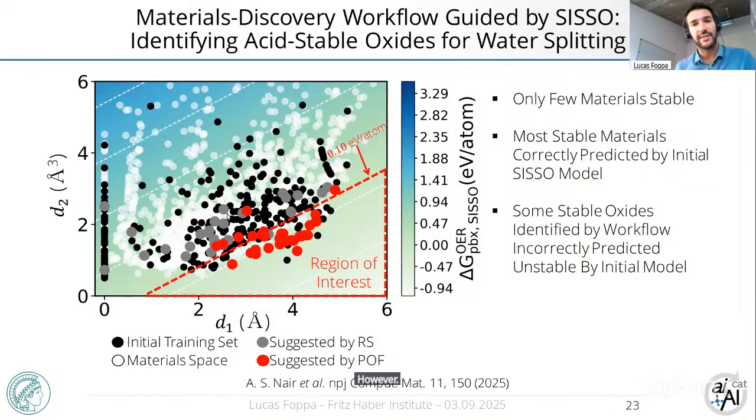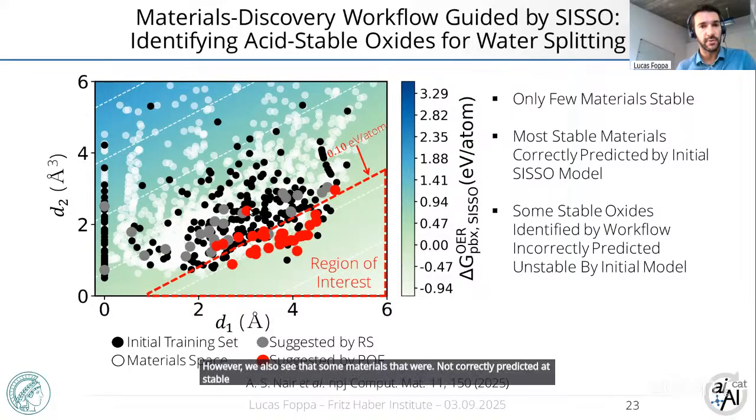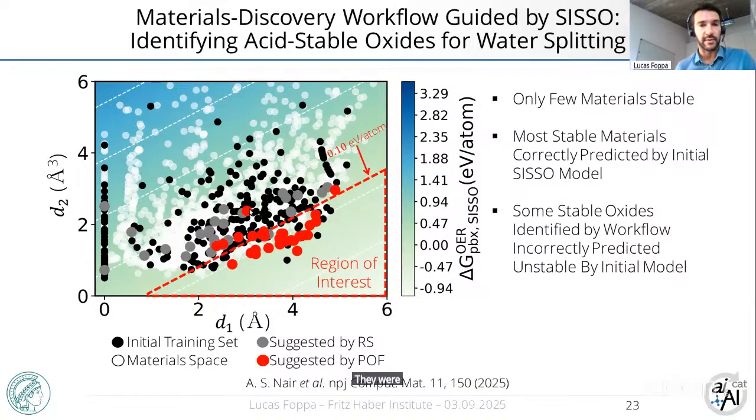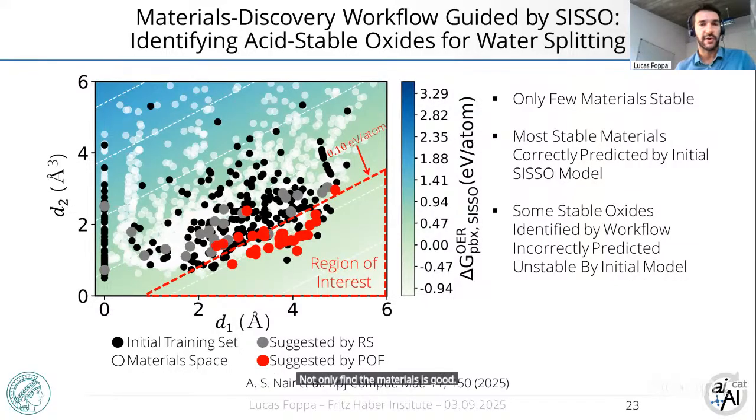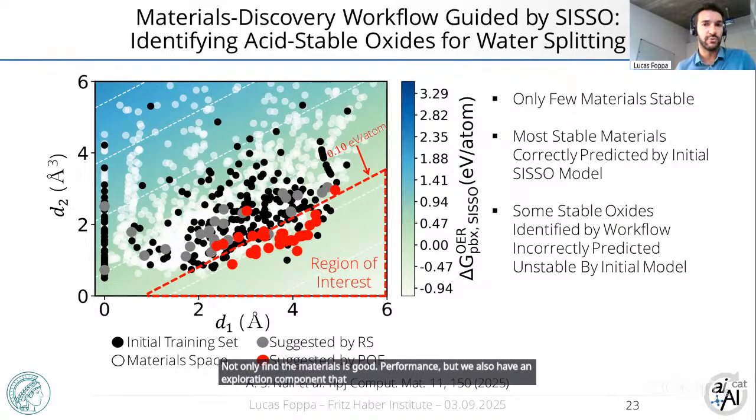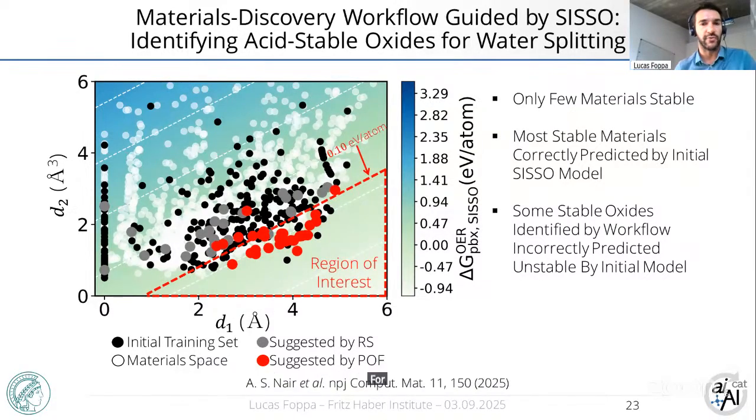However, we also see that some materials that were not correctly predicted as stable from the initial model were discovered by this sequential learning approach because the prediction improved during these loops. So we not only find the materials with good performance, but we also have an exploration component that allows us to improve the description of the material space for regions of interest or nearby.